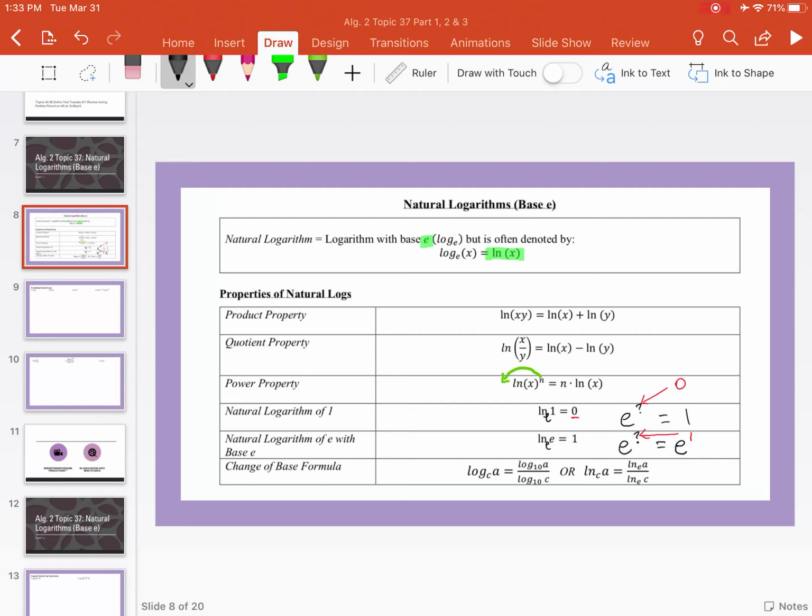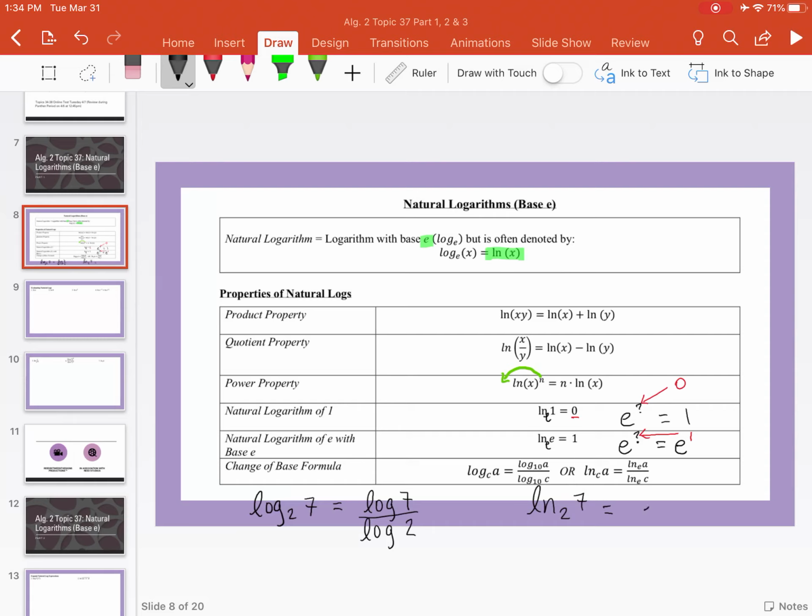So for example, let's say we have log base 2 of 7, and that gives us, if we apply the change of base formula, log of 7 divided by log of 2. Now, what if I wanted to find the natural log base 2 of 7?